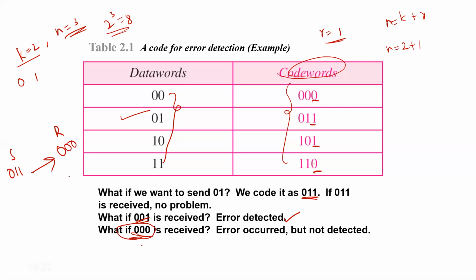In that case, we know that error has occurred, but the receiver will check the code words and see that it has 000. So the error has occurred, but it has not been detected. The code word is corrupted during the transmission and 000 is received.